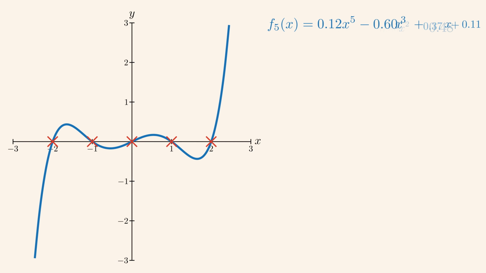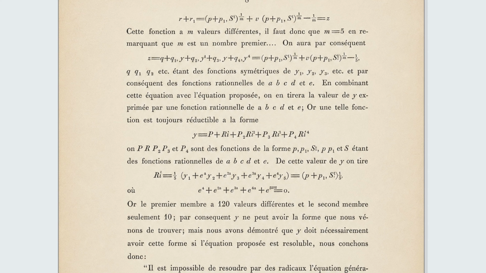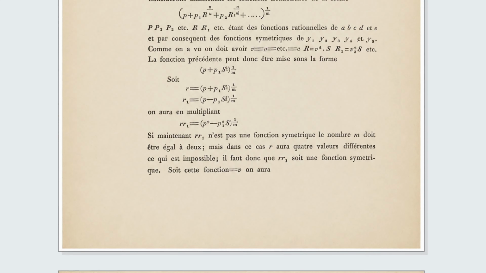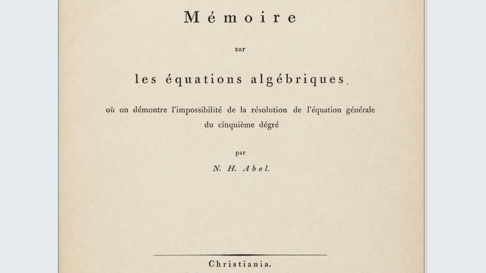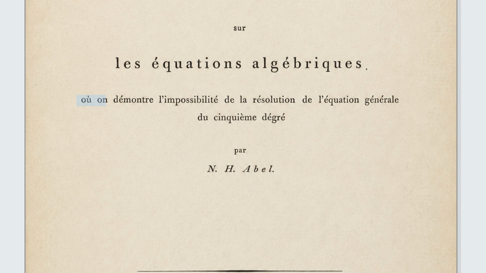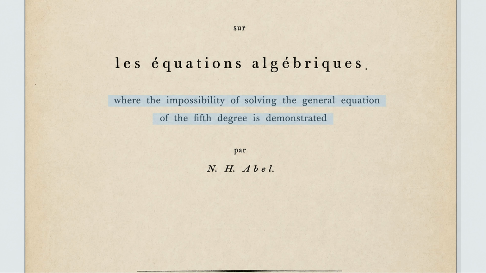Now let's move on to a quintic function. I know the previous formulas looked pretty scary, but for a quintic function, an old paper from 1824 actually proved something even more surprising. Not only is there no general formula for such equations, but it's theoretically impossible to create one.